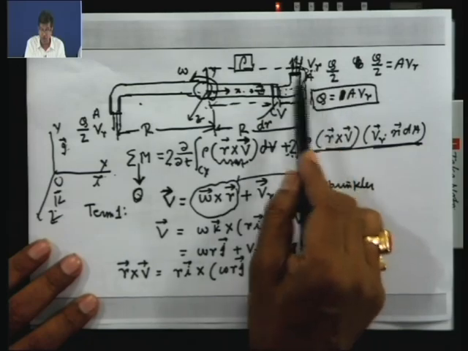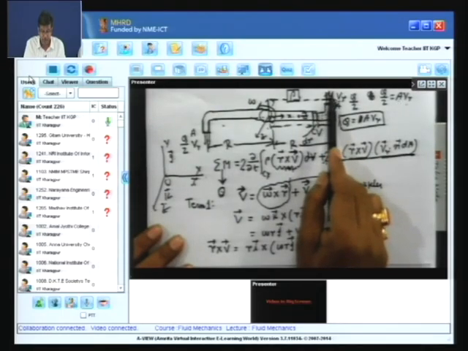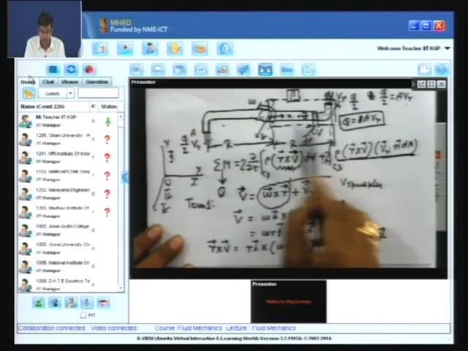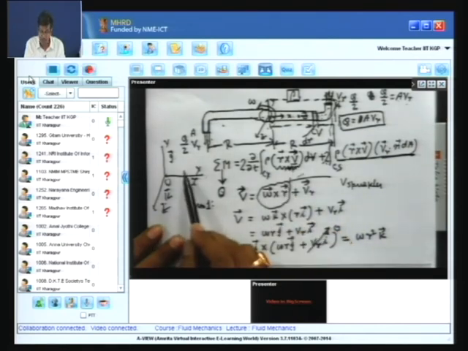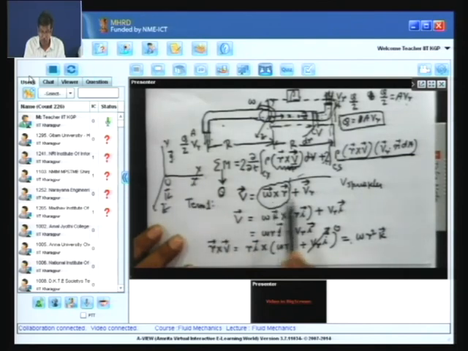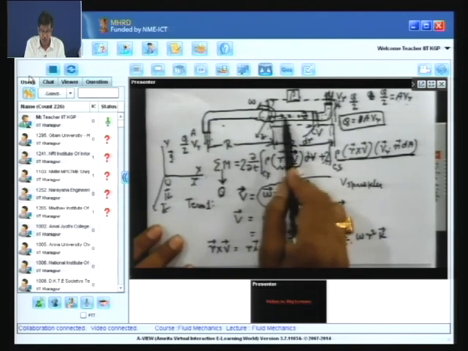When volume flow rate is given, it is given by A into Vr. That means this ejecting velocity is with respect to the sprinkler. So therefore, what we have to do, we have to change this velocity in the angular momentum described in the static frame of reference, or inertial frame of reference, with respect to this moving frame of reference.